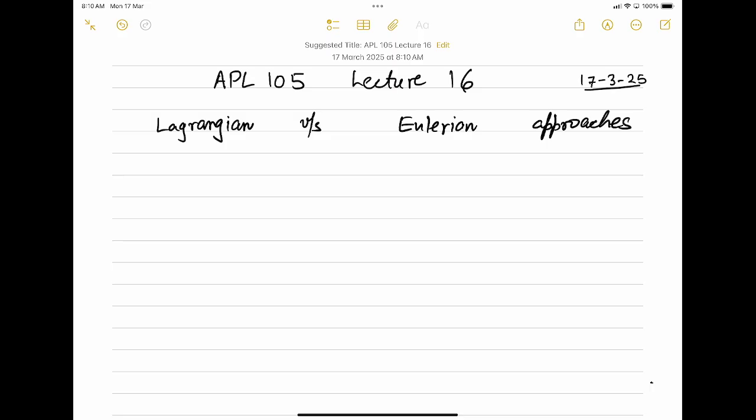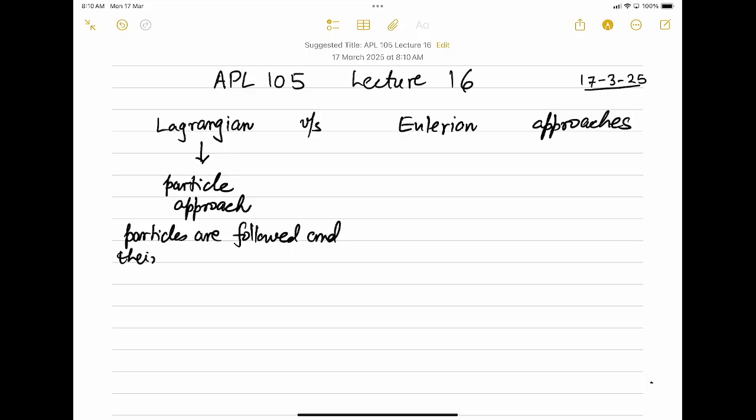And I'll not go through the details again, but the Lagrangian approach basically is a particle approach, and in this approach particles are followed and their properties are specified as a function of time.